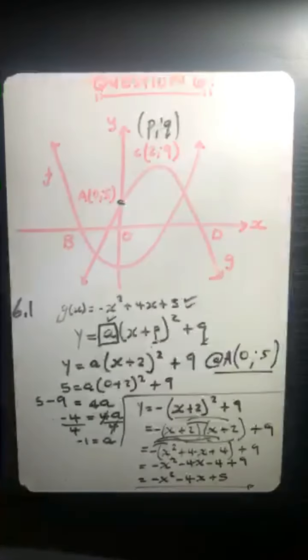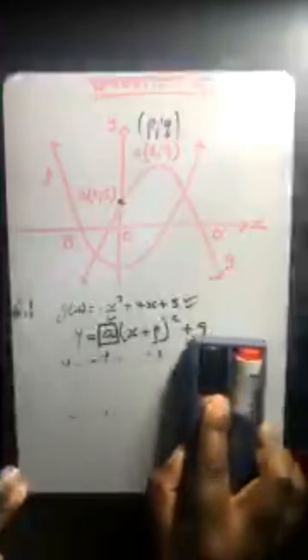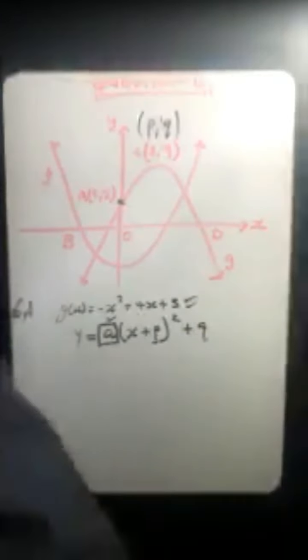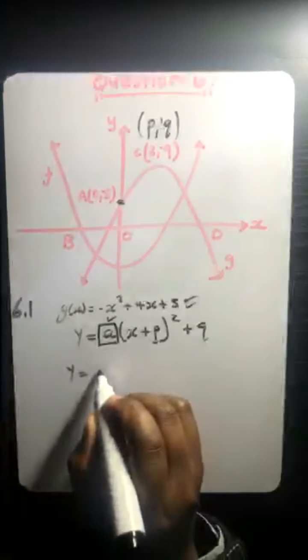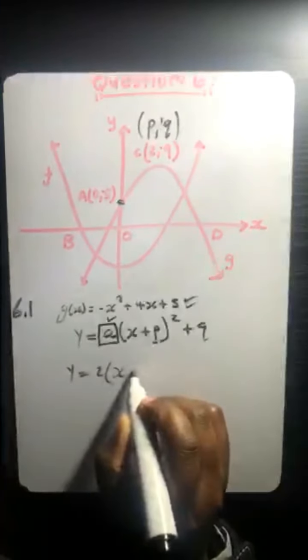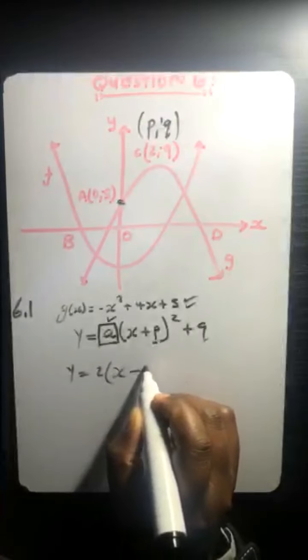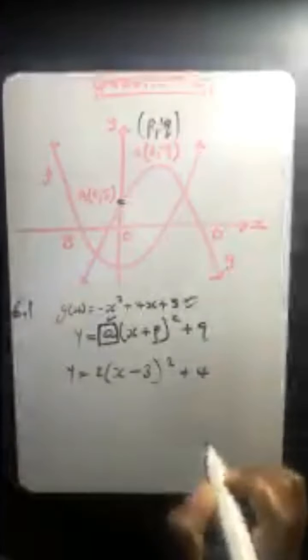I'm sure you guys learned something out of that. That is the reason why I was asking there. If we substitute a negative or a positive, remember Hamisa, if you are given, just as an example, y is equals to, let's say, 2 into x minus, let me just say 3 squared plus 4.